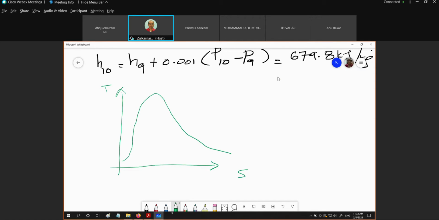Remember this is our expansion process, and we have 2 points at saturated mixture. This is saturated, and this is superheated. This is 0.1, 0.2, 0.3, and 0.4.